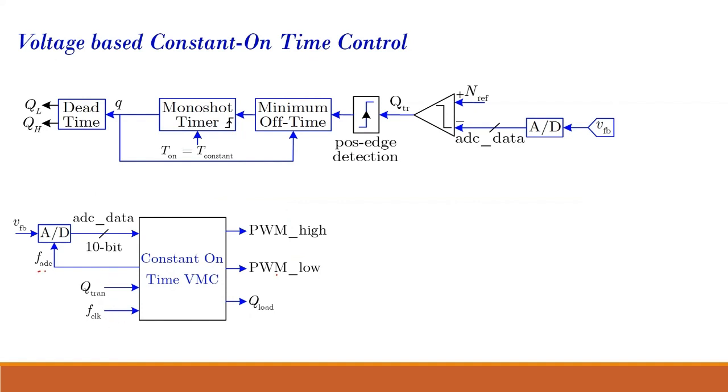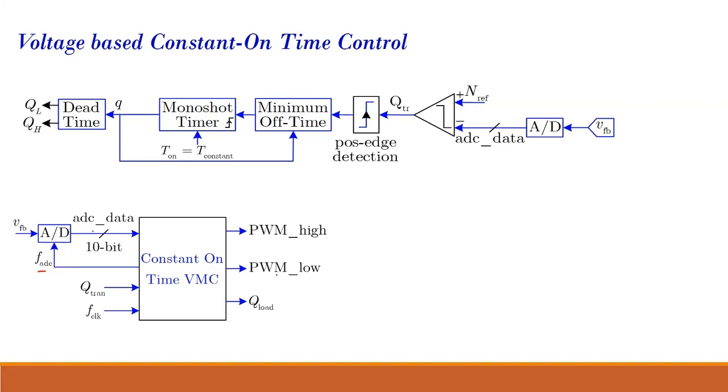And we also have FADC, the clock signal for running the ADC. Then V feedback is the sensed output voltage, which gets converted to 10-bit ADC data.